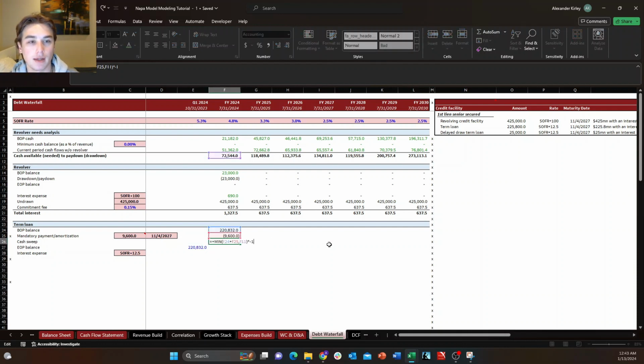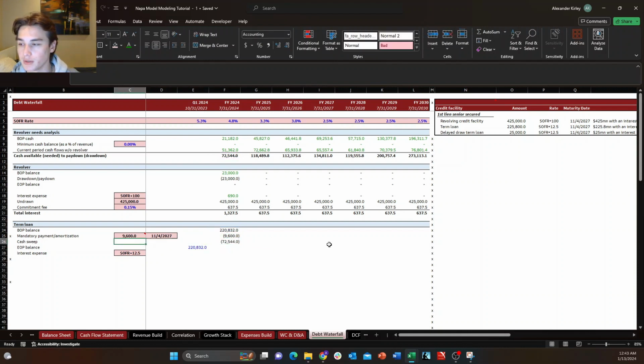Now, it is also possible the company doesn't want to actually repay this full amount because they want to possibly allocate cash in other ways, or they want to just have more cash on the balance sheet. So it's possible that I don't want to do this. Let's create some sort of button here. I'm going to have a cash sweep button or toggle over here.